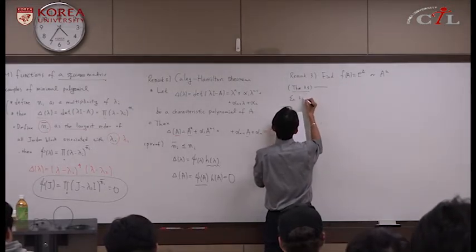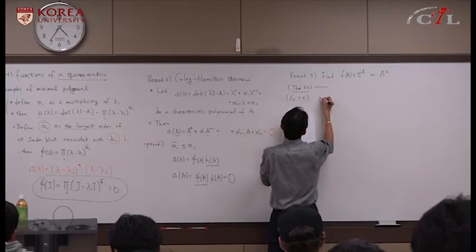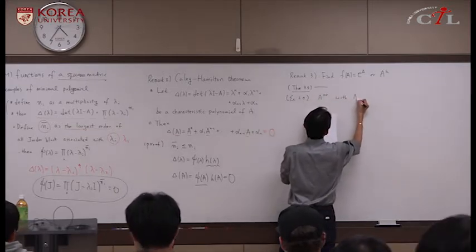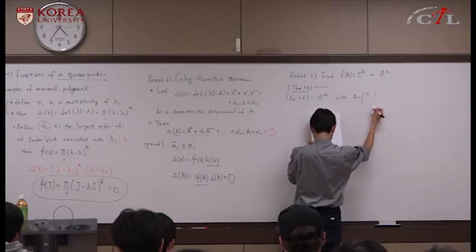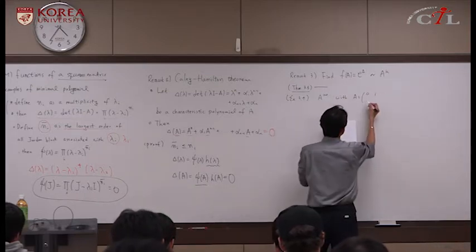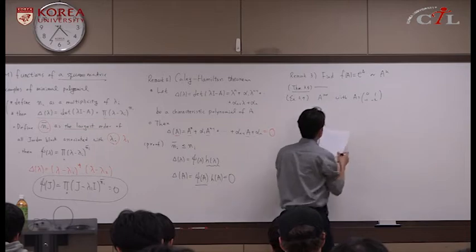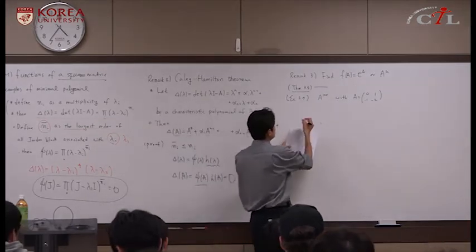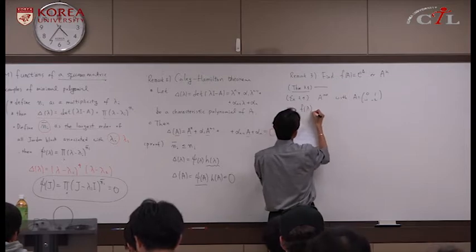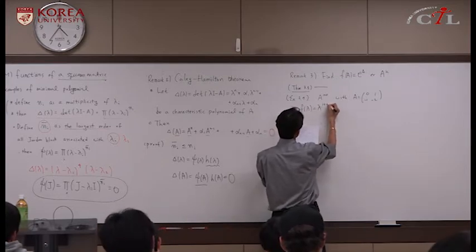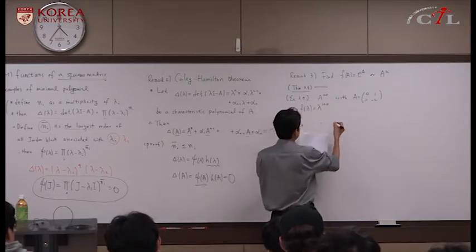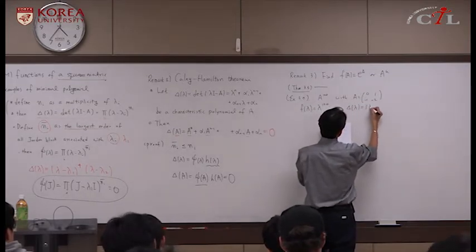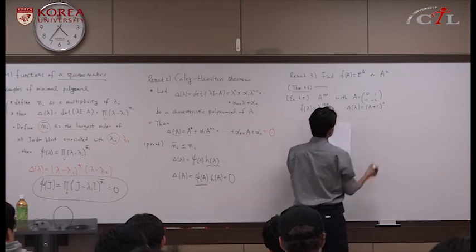In example 3.7, compute A^100 with A equal to 0, 1, minus 1, minus 2. Let's set f(lambda) to be lambda^100. Its characteristic polynomial will be given in this form.